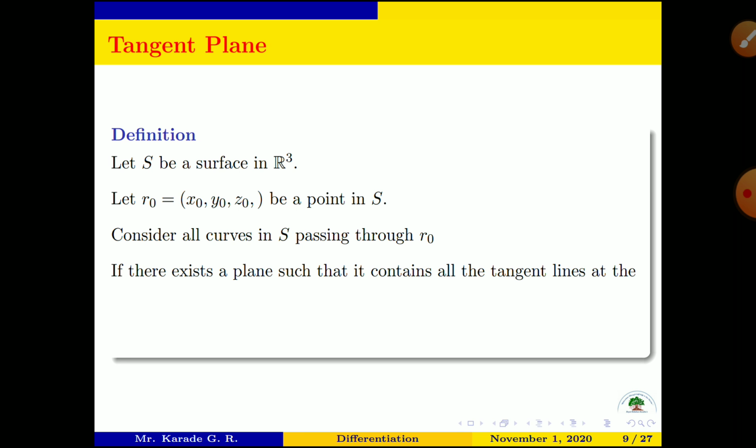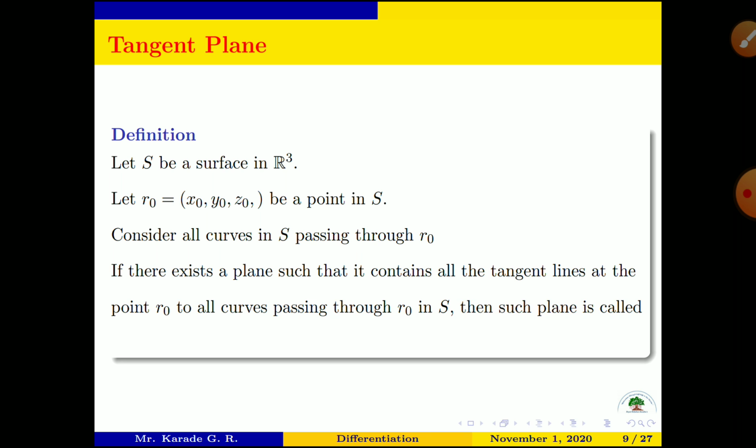If there exists a plane such that it contains all tangent lines at the point R0 to all curves passing through R0 in S, then such a plane is called the tangent plane to the surface S at point R0.